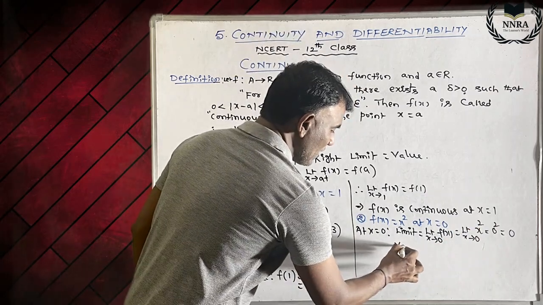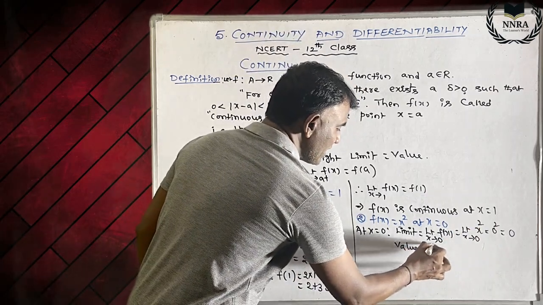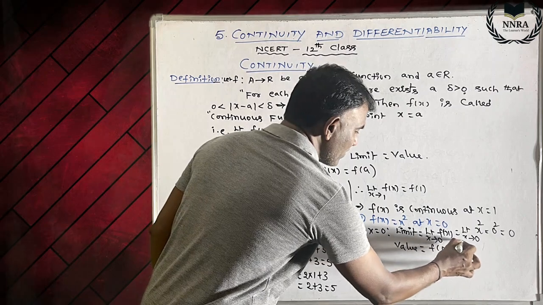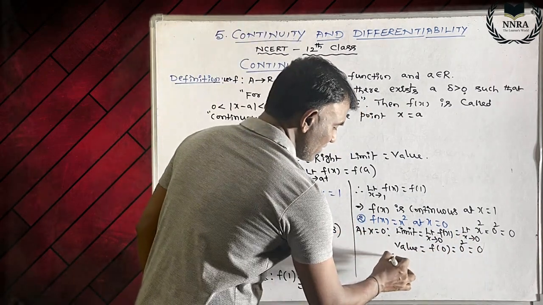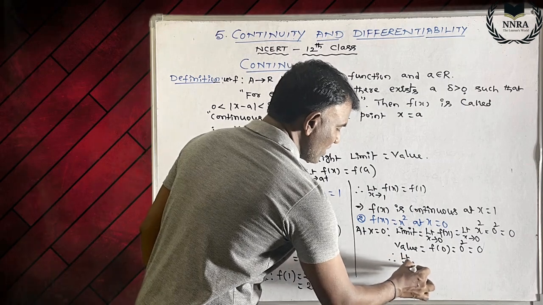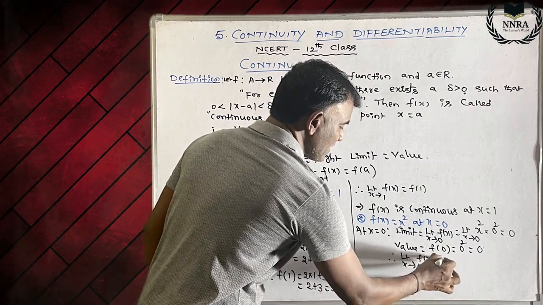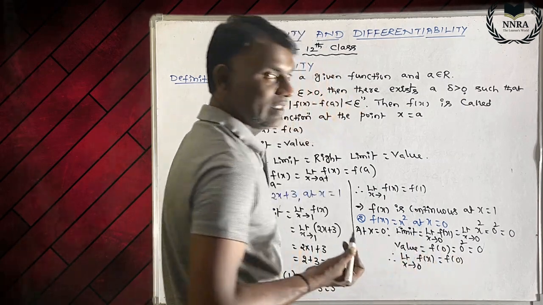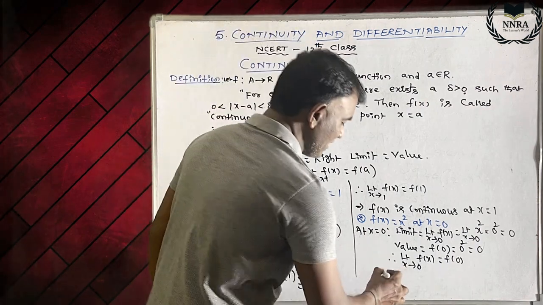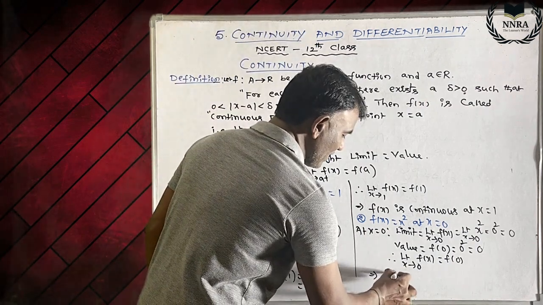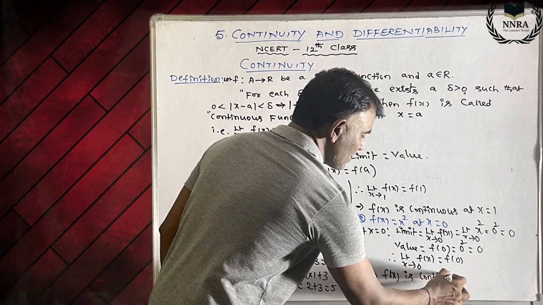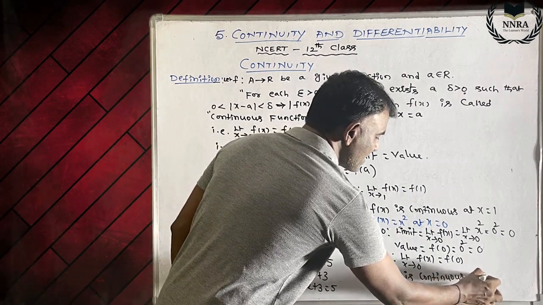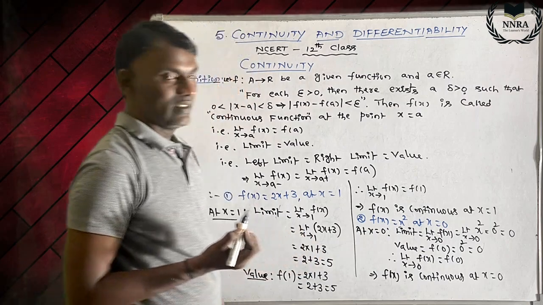And coming to value, how to write it? f of 0 equals 0 square, again it is also equal to 0. So therefore limit x tends to 0 of f of x equal to f of 0. That is, limit equal to value. That implies f of x is continuous at x equal to 0.